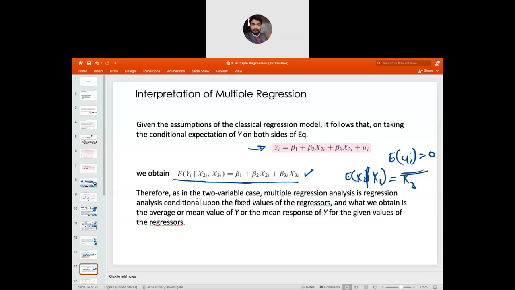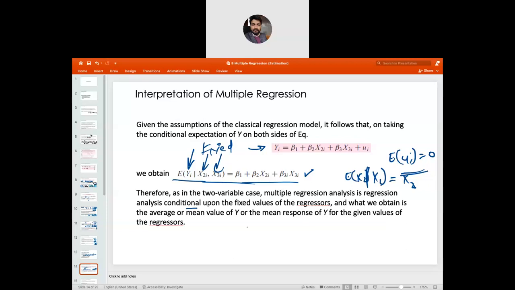So this is what we get. We are talking about the conditional mean of y, and we have fixed regressors. So that assumption is already there. All the 7 assumptions are there. We have just added 2 more: no multicollinearity and no specification bias, right?